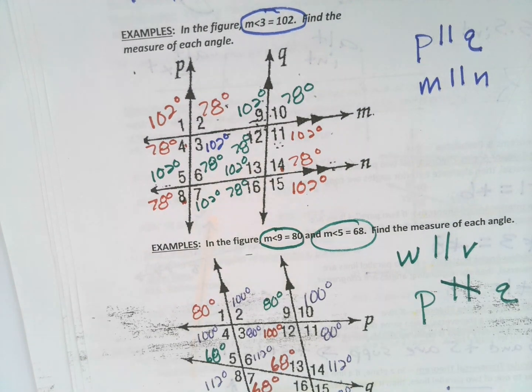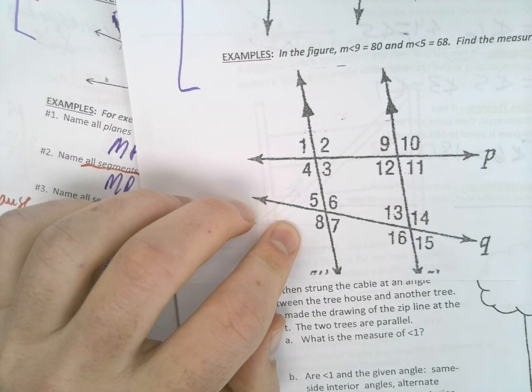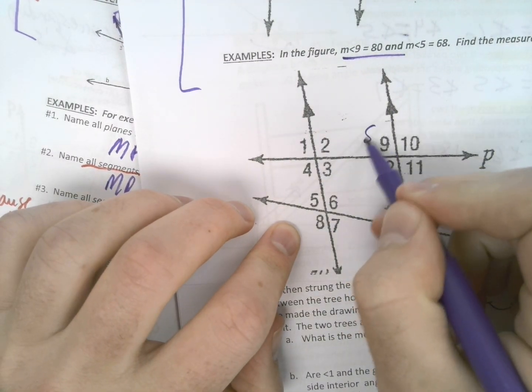Just double check that. So just kind of clusters of 102 and 78. I got you. Boom. So angle 9 we know is 80 degrees.